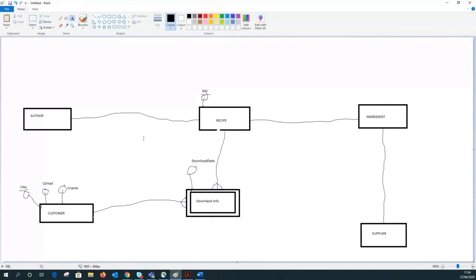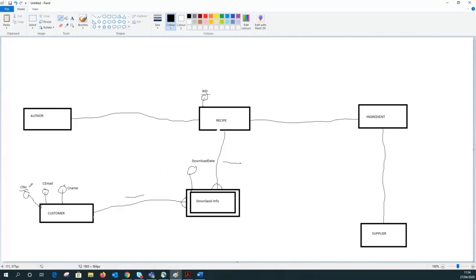Right. So my question now is, what is the primary key for the download info weak entity? Obviously we need to know who has downloaded, so we need the customer number. I need to grab that information from this side to that side. And I also need to know which recipes that download involved, so I need to grab a recipe identifier from the recipe to the download info entity.